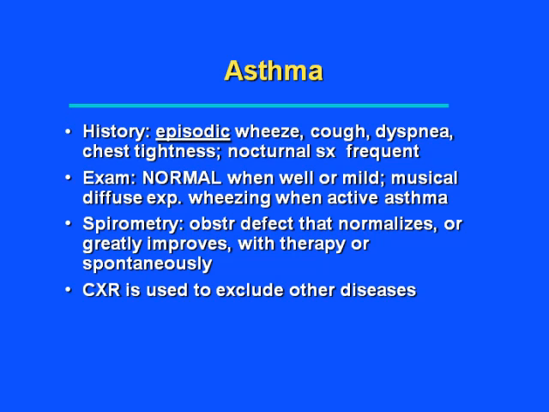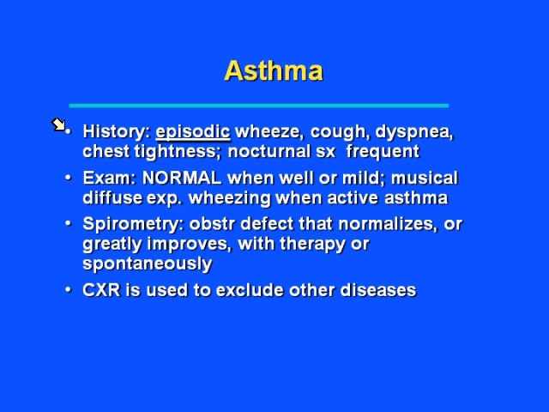So the asthma patient, we talked about, has the episodic history. Now that's classic. Some very severe patients with severe asthma that may have gone on to develop some fixed obstruction may have some of these symptoms all the time.